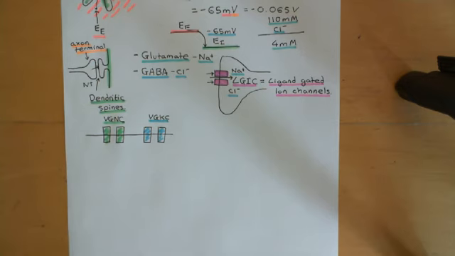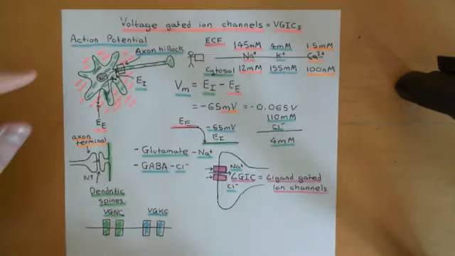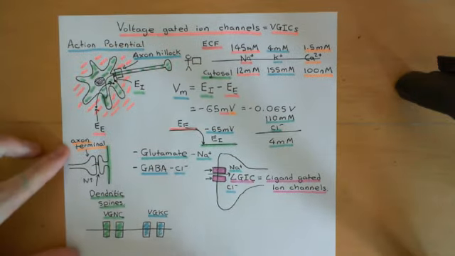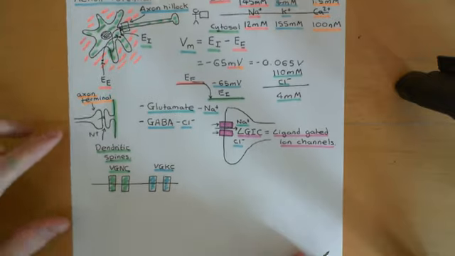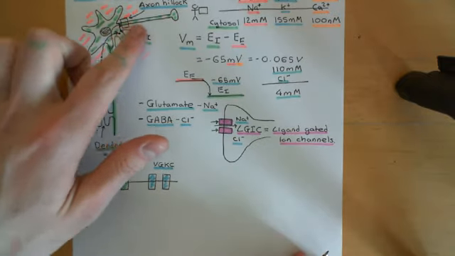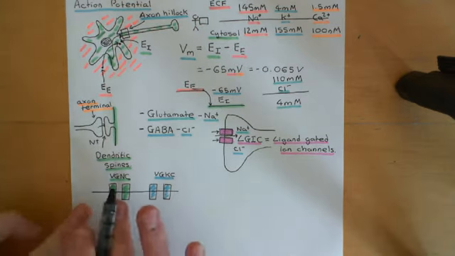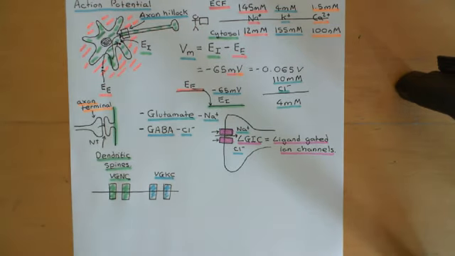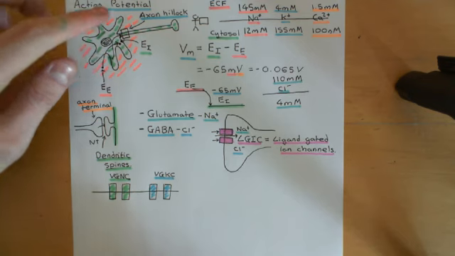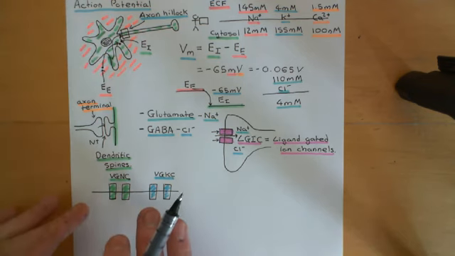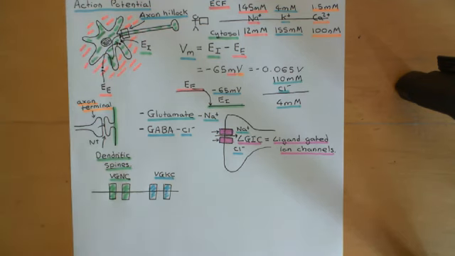Okay, so the reason that dendrites can't fire action potentials, and then the axon hillock, and indeed the rest of the axon after the axon hillock, can fire action potentials, is because in the axon hillock and the axon you have lots of these voltage-gated ion channels, so loads of voltage-gated sodium channels and loads of voltage-gated potassium channels, whereas in the dendrites you just don't have enough of these, okay, to actually generate an action potential.